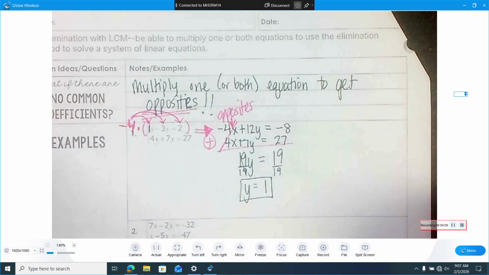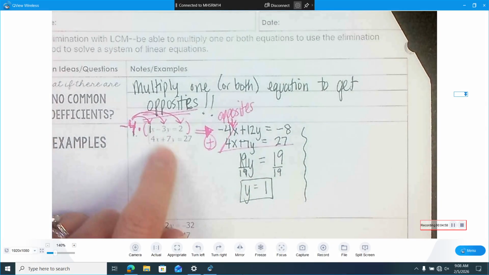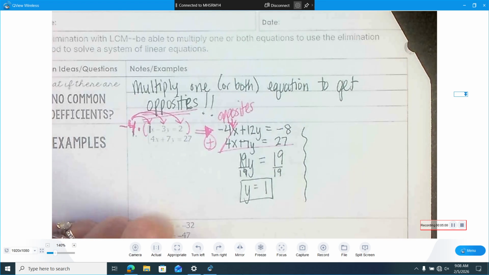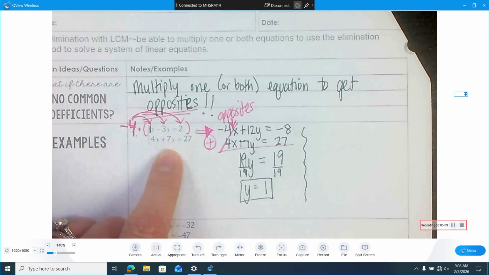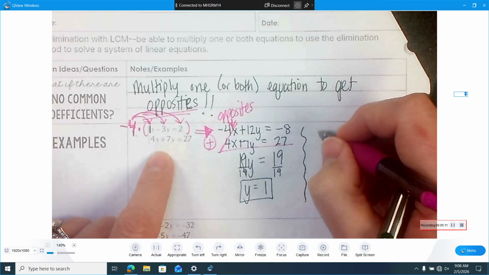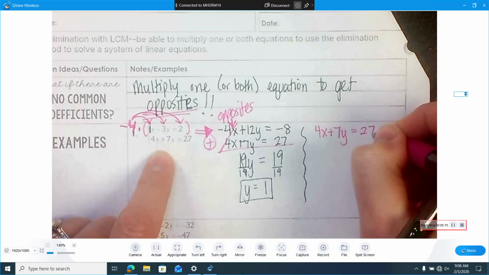Are we done? Not quite. What do we need to do? Plug it back in. And where do we plug it back in? Top or bottom? We can choose either original equation. Always choose an original, though. What do you want to do, top or bottom? Bottom? All right. So 4x plus 7y equals 27.